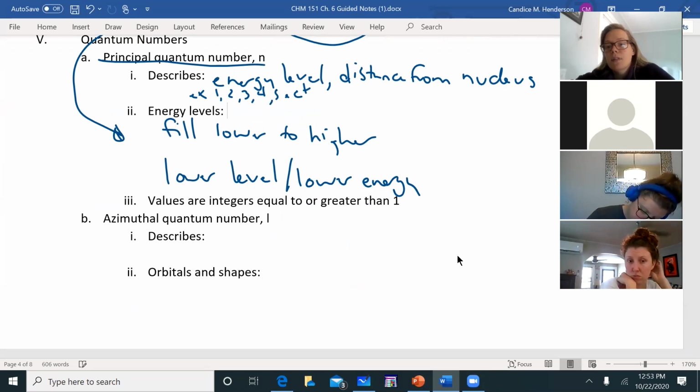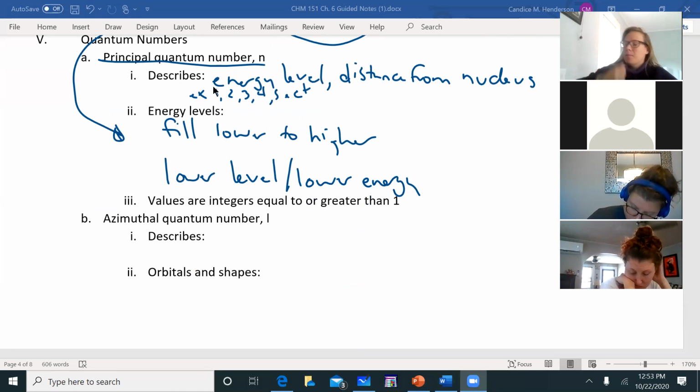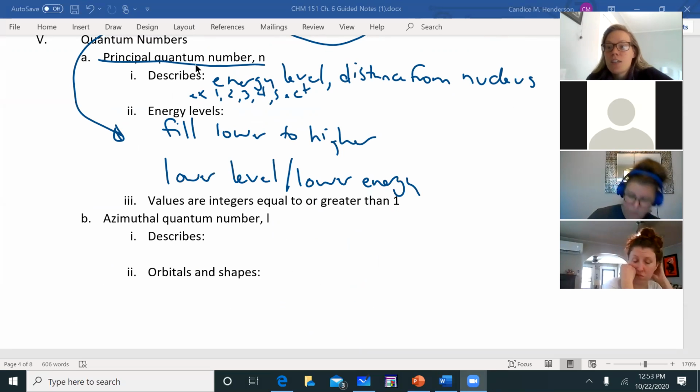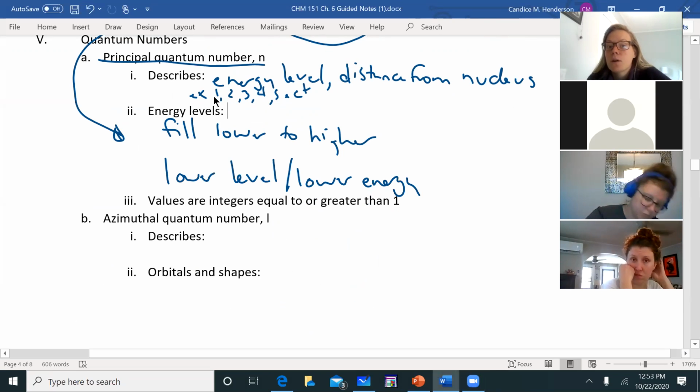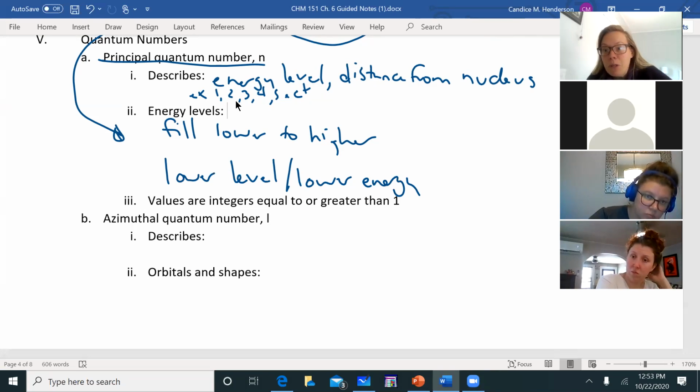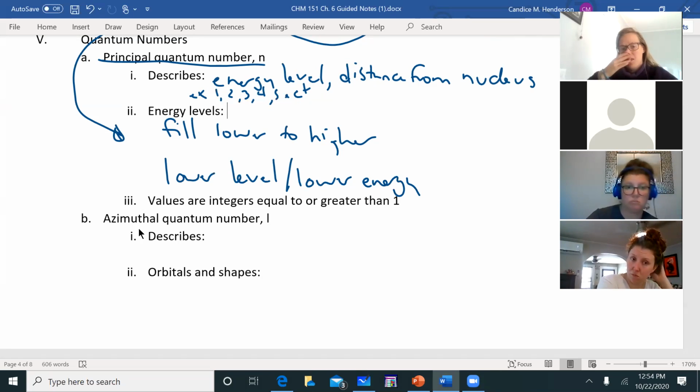You can think of that like floors of a building. The lowest potential energy is when you're sitting on the first floor. If you climb to the second floor and there was a fire and you jumped out the second floor, there's a lot more potential energy on your body than if you were to climb out the first floor window. So energy goes up as we move up in numbers.